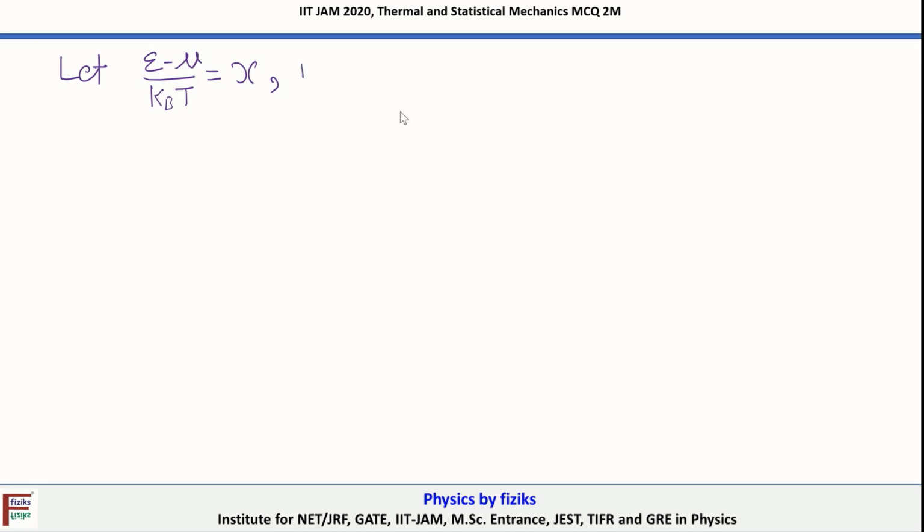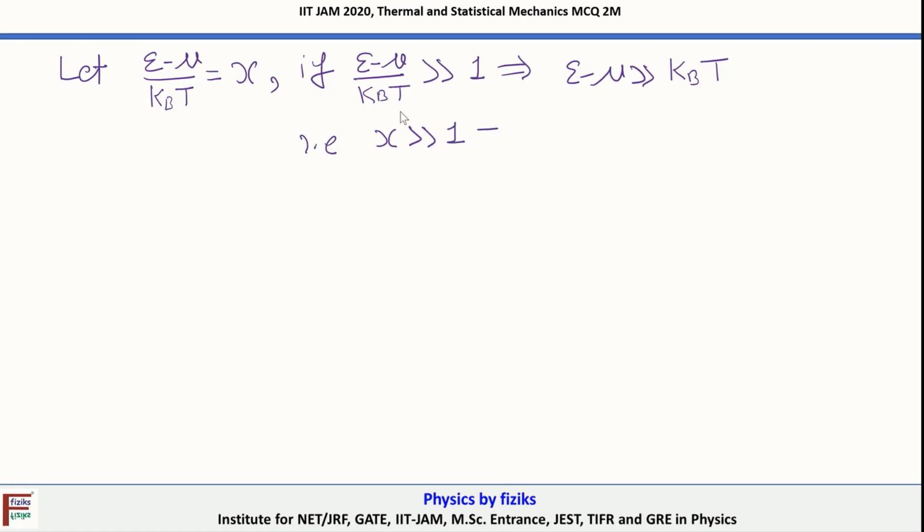And if we further assume that this quantity E minus mu upon k_B T is much greater than unity, that means E minus mu is much larger than k_B T. Since we considered it to be equal to x, if x is much larger than unity, then e to the power x is also much greater than unity.